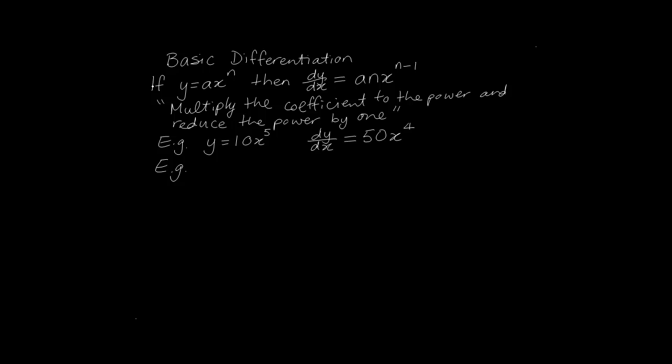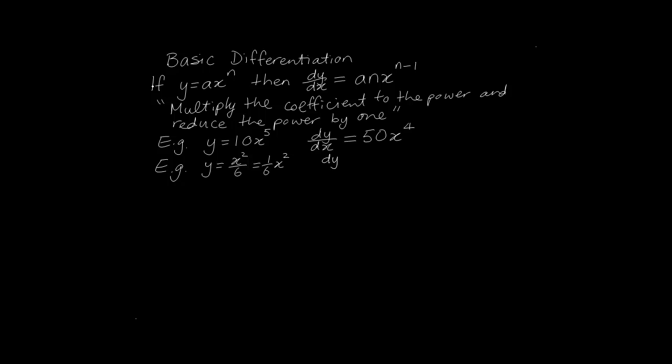Let's have a look at one more example. Suppose I have y equals x squared over 6. Some people like to think of this as 1/6 times x squared. It is definitely the same term, but it helps us isolate that coefficient from the actual term.